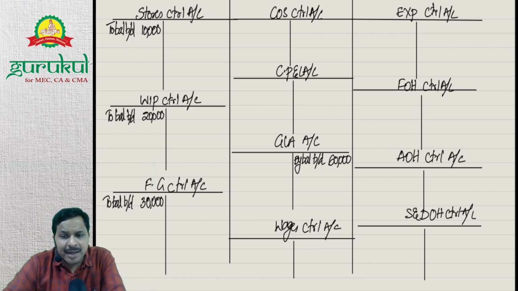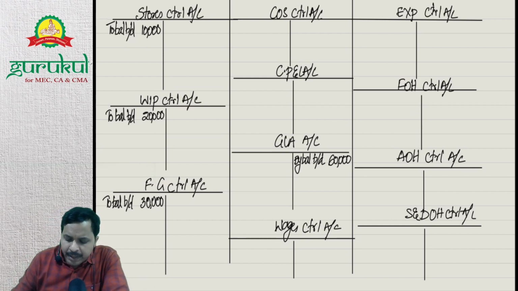Integrated or non-integrated? Non-integrated. First you must be clear that we are opening only non-integrated books of accounts. Non-integrated means cost accounts and financial accounts both will be opened separately. Financial accounts, you know how to open and close them. Here we are learning only about cost accounting entries.